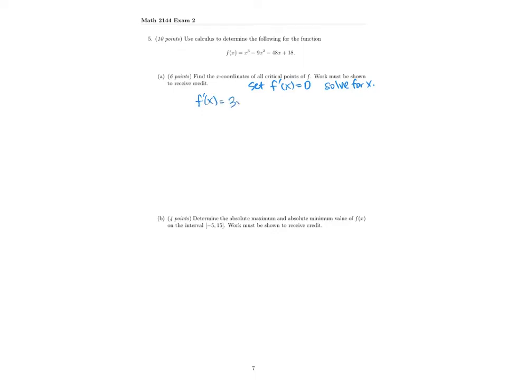F prime is 3x squared minus 18x minus 48. And if I set that equal to 0, I can start by dividing everything by 3.